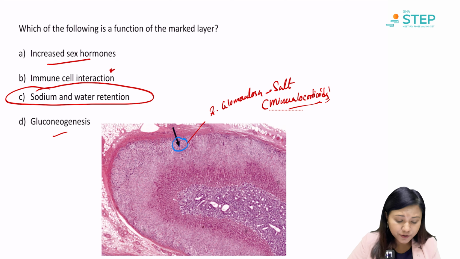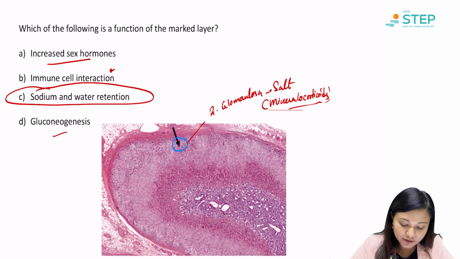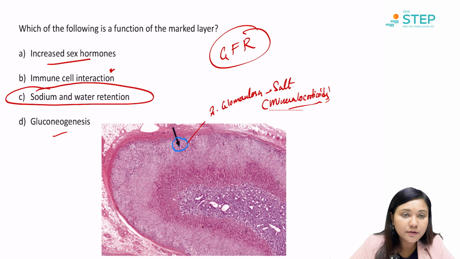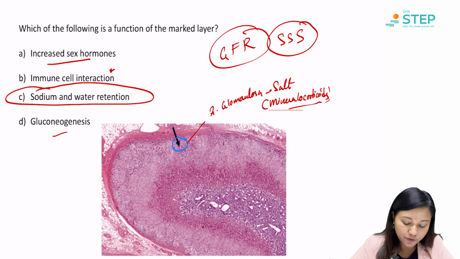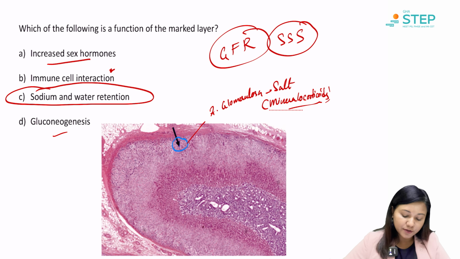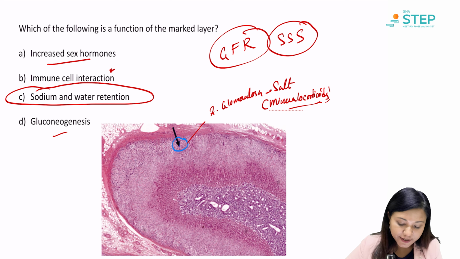So just looking at the options, you can identify that it is a slide of the adrenal gland, and then you see the marked arrow. That area marked is your zona glomerulosa. If you remember the adrenal gland, you will immediately remember GFR and SSS: salt, sugar, sex hormones. So that is the trick to remember the adrenal gland histology slide.